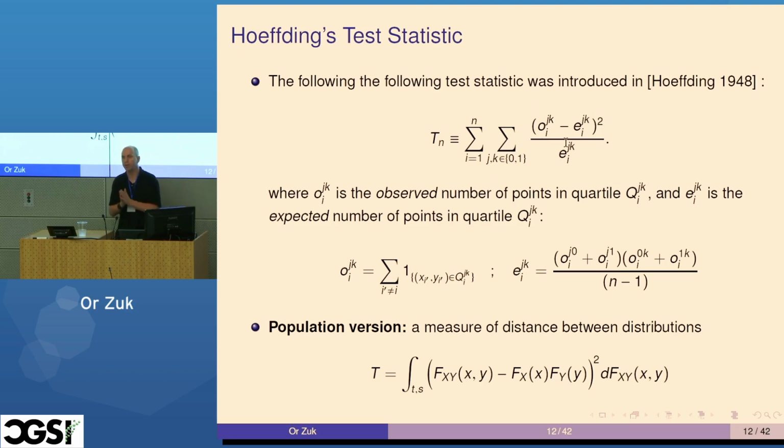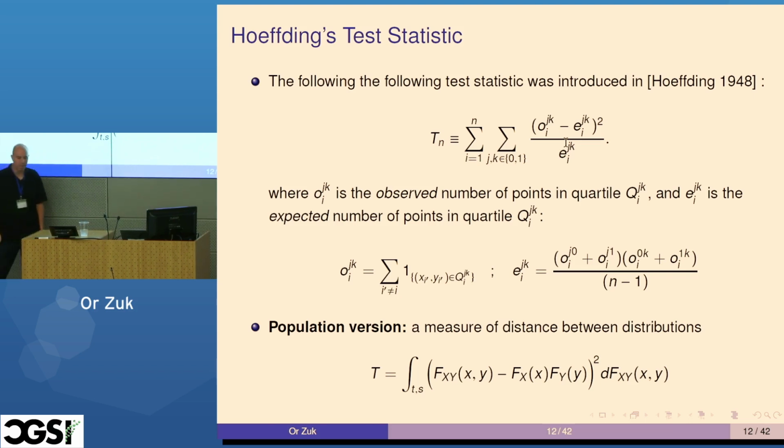Is that clear? All right. And you can prove that this works. What do I mean by works? I mean when the sample size increases, this statistic converges. Well, anything that converges in probability theory, you have to say converges in probability or almost surely or something like that.